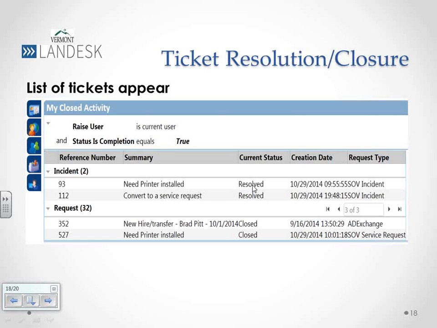So what you can do is call the service desk and let us know that the ticket that was resolved has reared its ugly head again, and that it needs to be unresolved, and give us a little bit more information so the technician can then work on the problem and hopefully permanently resolve it. And after 5 business days, if the fix has worked and stays working, then the ticket will go into the closed status. So I just wanted you to recognize the difference between resolved and closed.